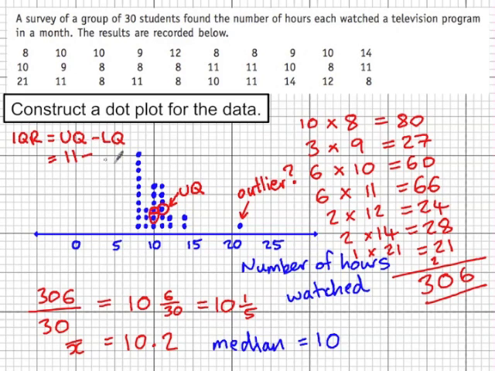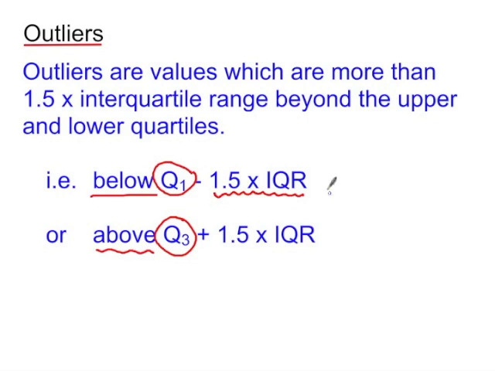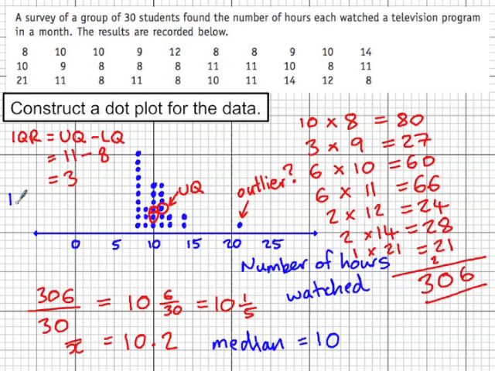And the lower quartile is the median of the lower half of the data. So we take the 15 scores below the median and it's going to be the 8th value, which is 8. So that gives us an interquartile range of 3. Now remember that we need to multiply that interquartile range by 1.5, and 1.5 times 3 is 4.5.